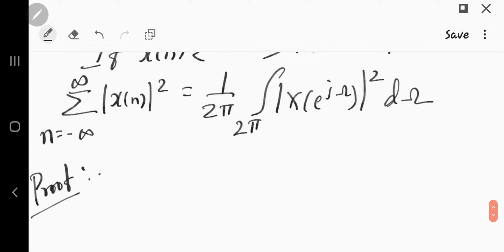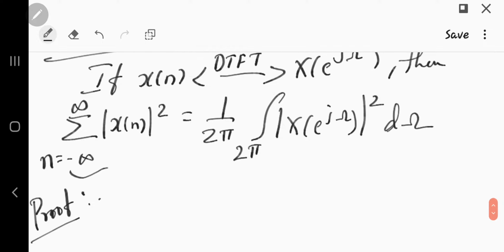If you observe this, the LHS of the expression is nothing but the energy expression for the signal, that we discussed in the very beginning of signals and systems. It is also called the energy spectrum or energy density spectrum of the signal x of n.